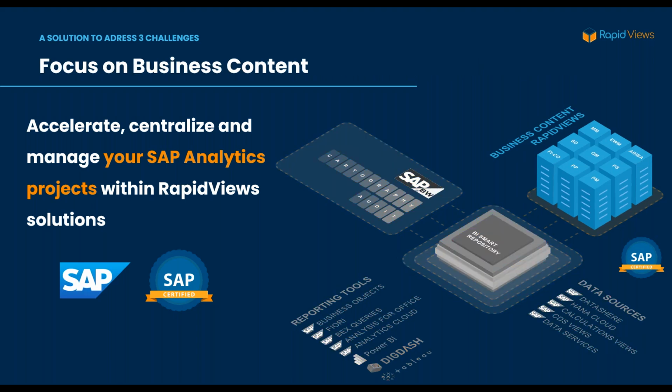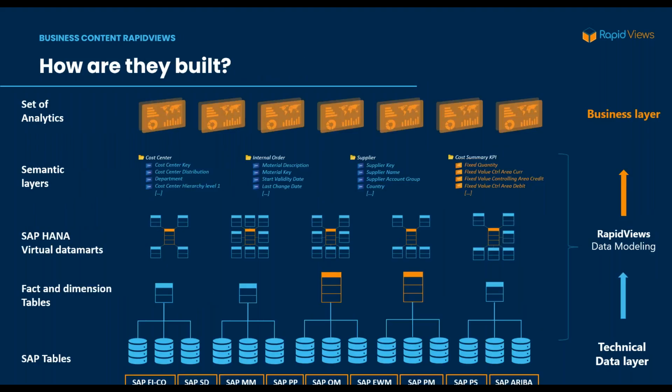First of all, business content. What is our business content? A few years ago, when we started this company, we built a star schema, data warehouse, data mart schema, and scripts and concepts on the core SAP modules: SAP FICO, SD, MM, PP, QM, EWM, PM, PS, and SAP Ariba.